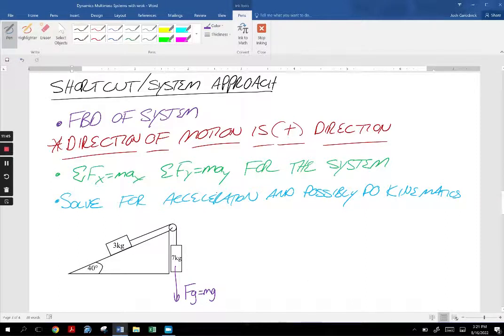We also have FGX acting against that motion for the 3 kilogram mass, and the force of friction trying to prevent that motion as well. The normal force and FGY are not doing anything to accelerate or change the velocity of the object, so they are not relevant.